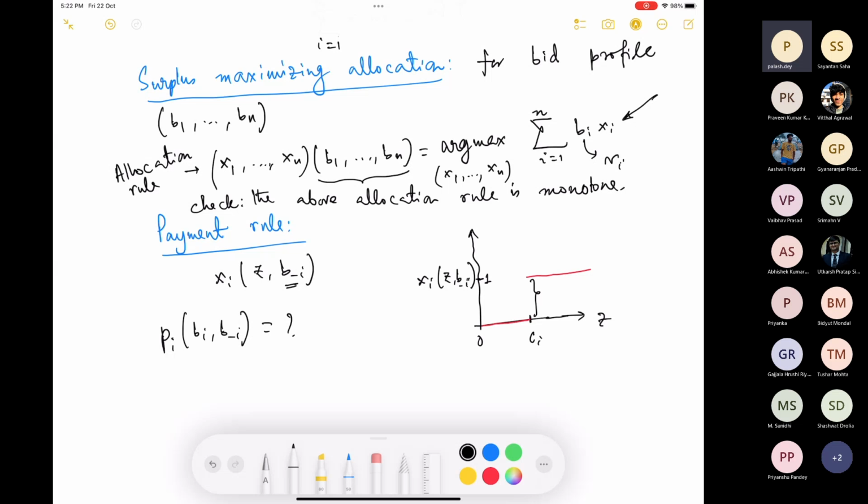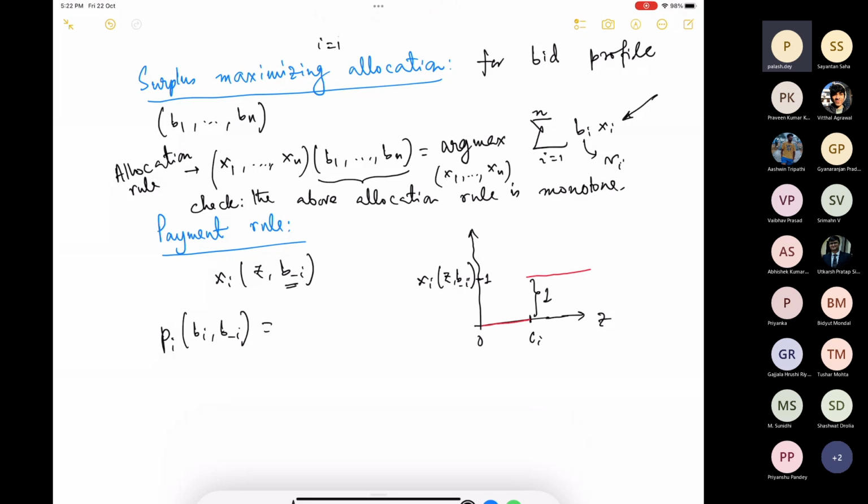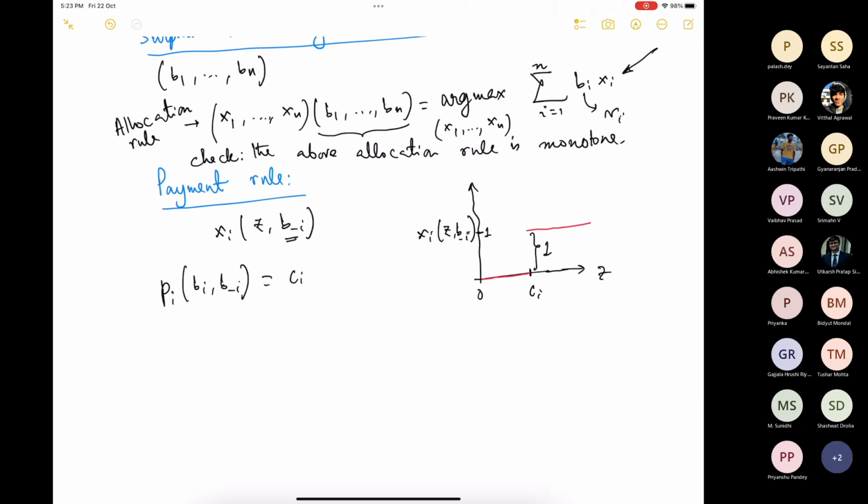This jump is 1. So this payment, from Myerson's lemma, is Ci times 1, which is Ci. So this is Ci if Ci is greater than or equal to Bi. If player i wins, then it pays Ci and 0 otherwise.